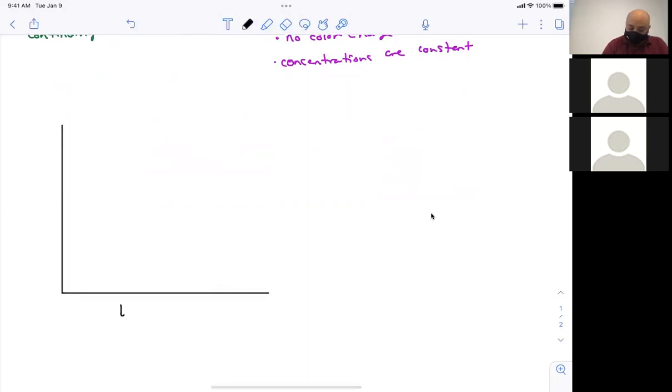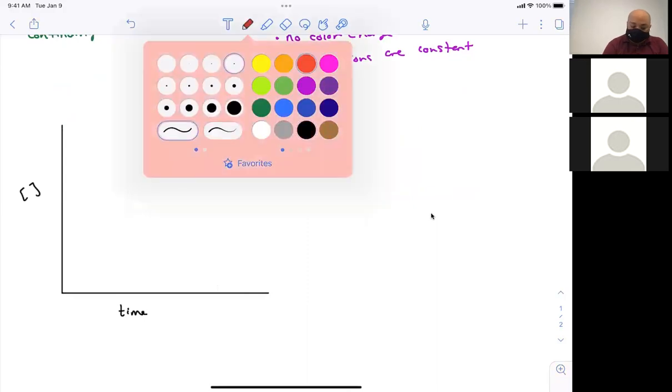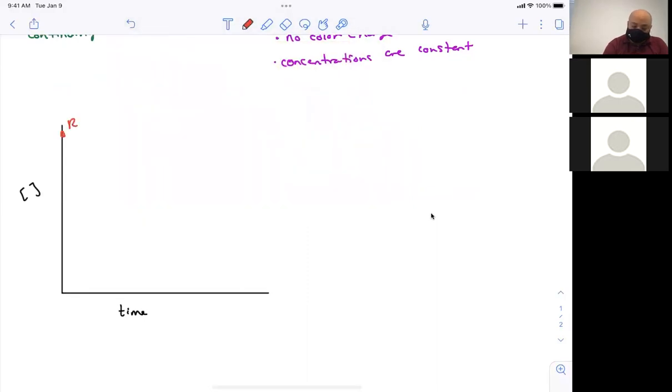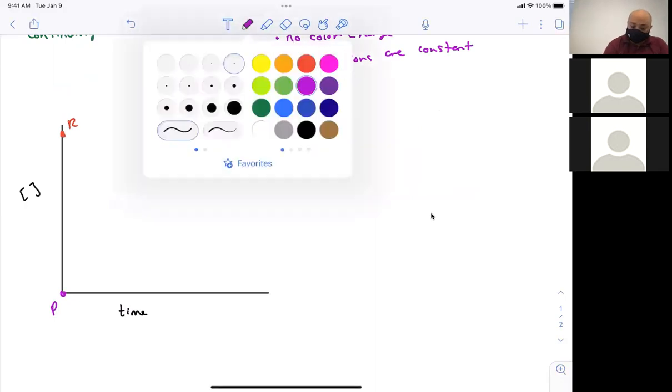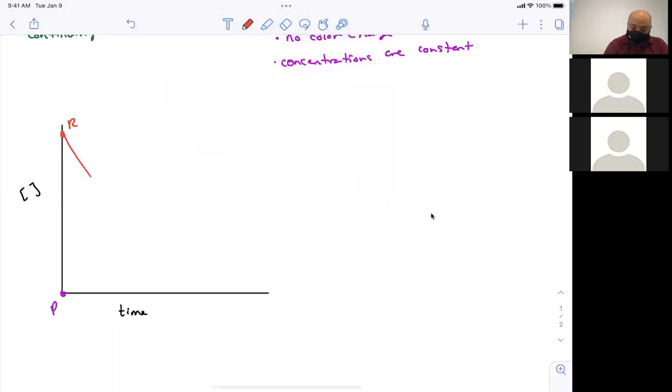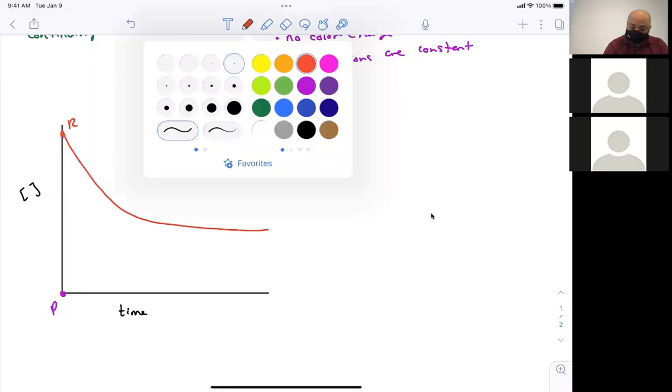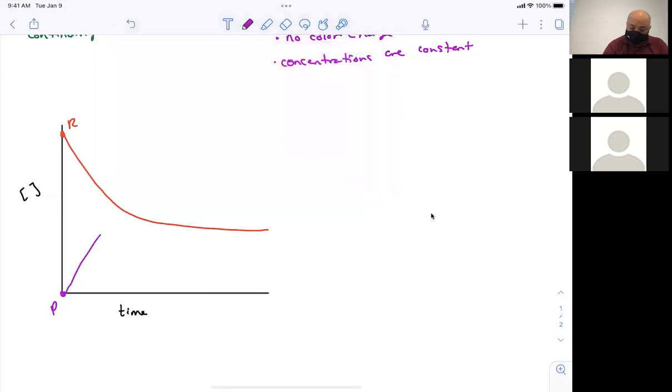And so you may have time on the X and concentration on the Y. And let's say you start with 100% reactants and 0% products. In an equilibrium system, you're going to see the amount of reactants decrease and eventually level out. The amount of products increase and also level out. Okay.